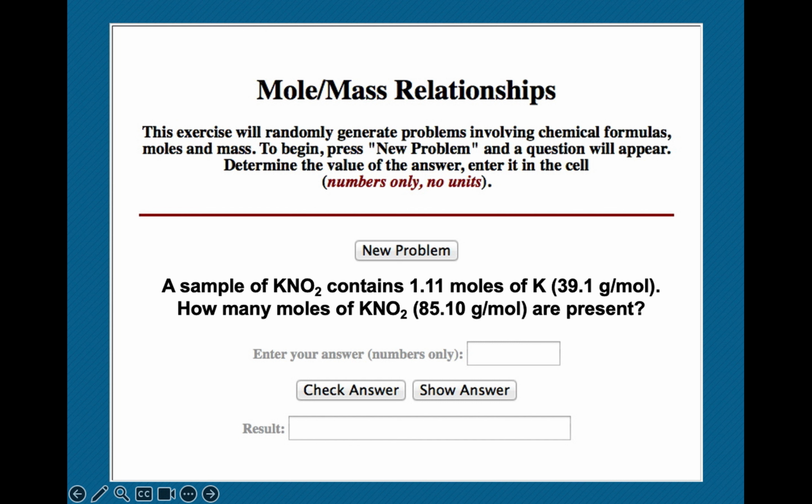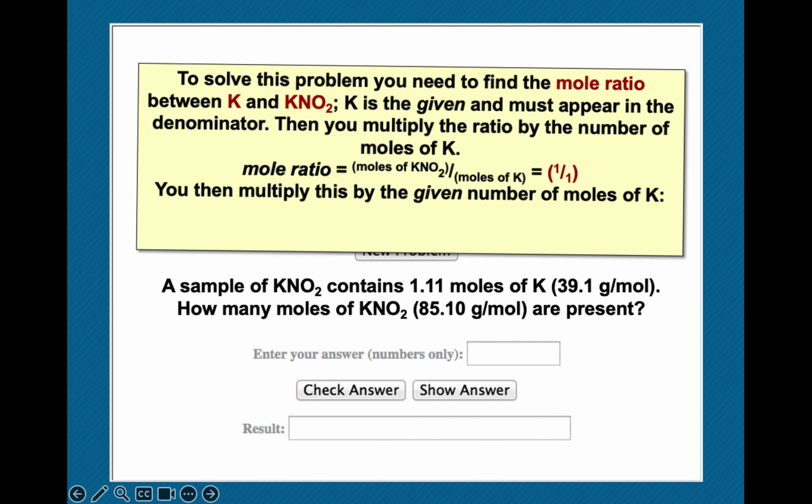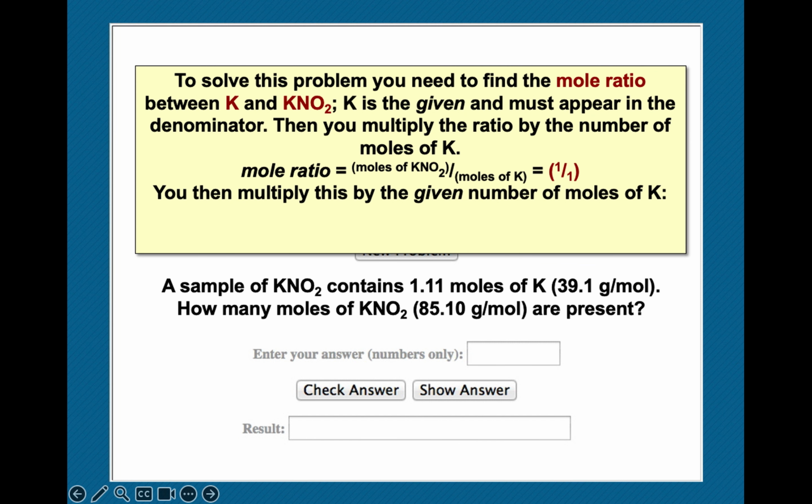But okay, we have, what is this called? Potassium NO2 is nitrite. We have 1.1 moles of potassium, we're looking for how many moles we have total. Well, this is simple, because there's one potassium per molecule, right?